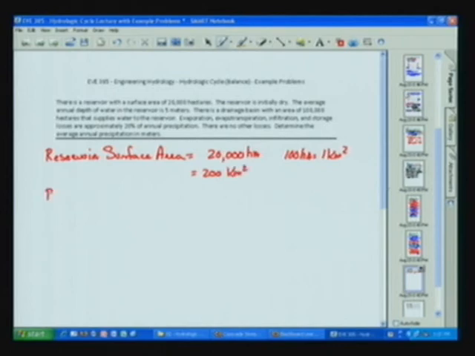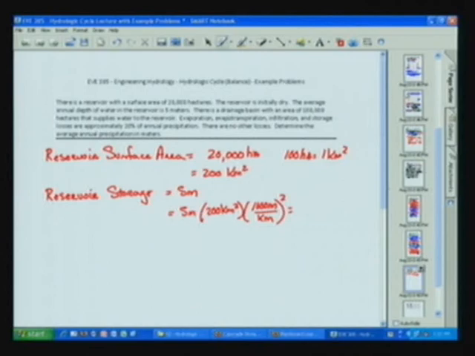The reservoir storage is 5 meters. This is also 5 meters times our 200 kilometers squared. So this time we're assuming that there is no slope to our reservoir, and the area of the top and the area of the bottom are the same. There's 1,000 meters in every kilometer. We'll have to square that. So our available storage is 1 times 10 to the 9 cubic meters.